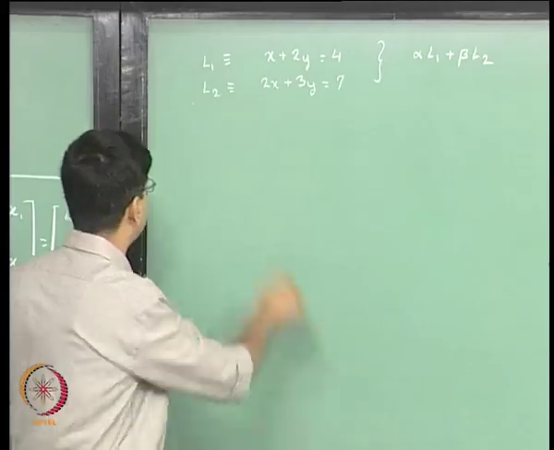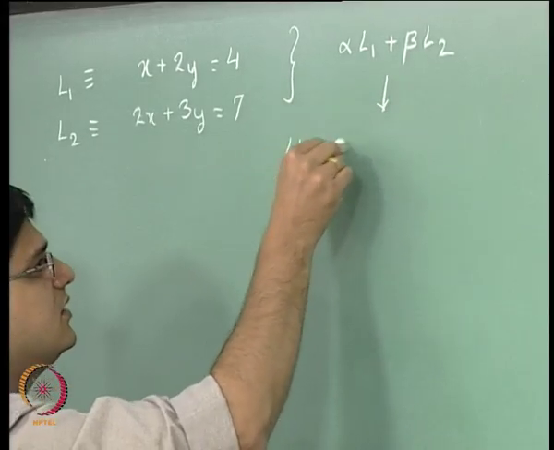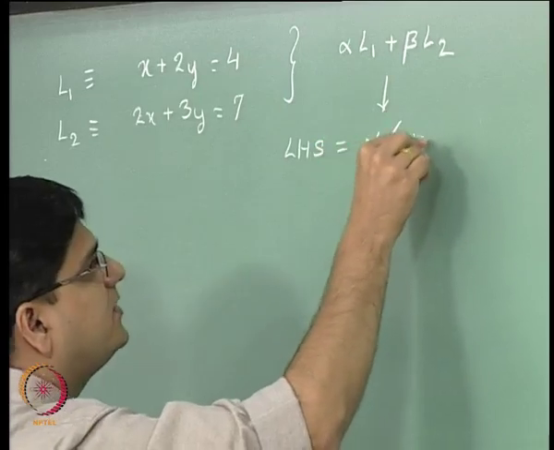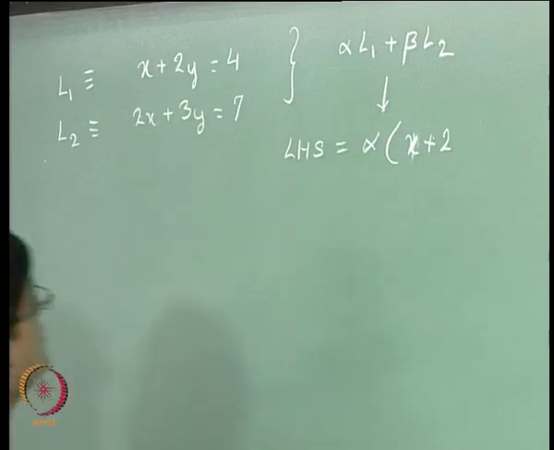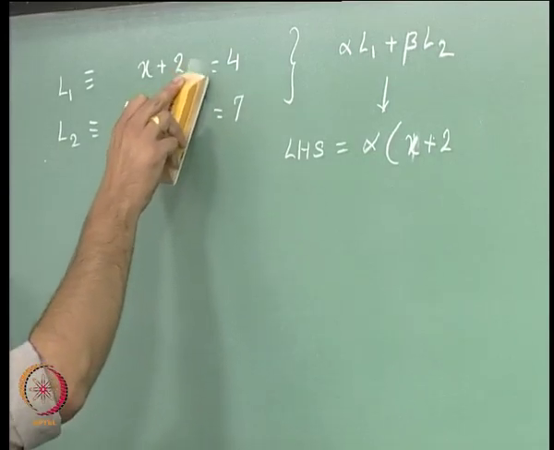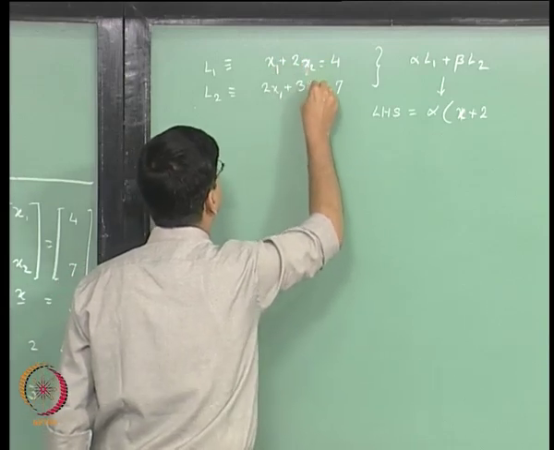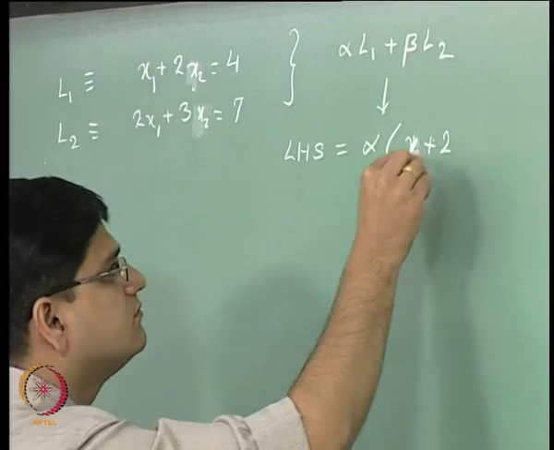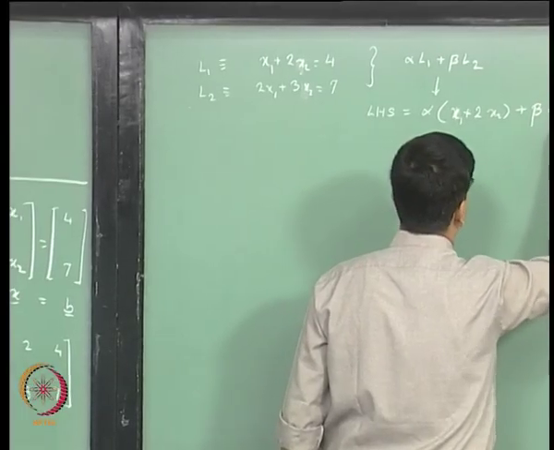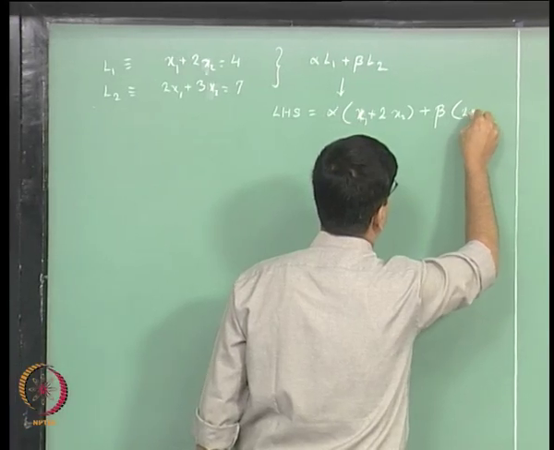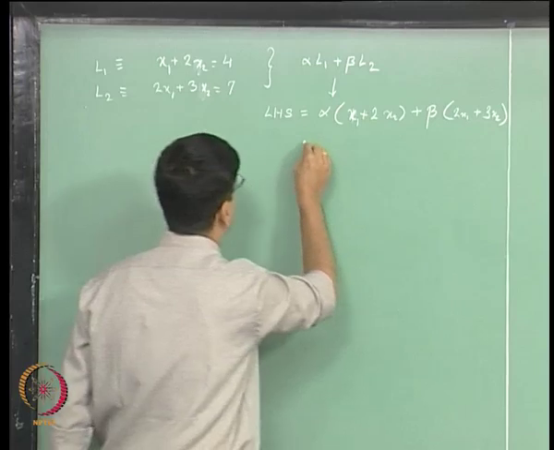Okay. So, let us look at the left hand side of this equation. It is going to be equal to alpha multiplied by x plus 2y, or rather I should use x1 and x2 rather than x and y, plus beta multiplied by 2x1 plus 3x2. Okay.